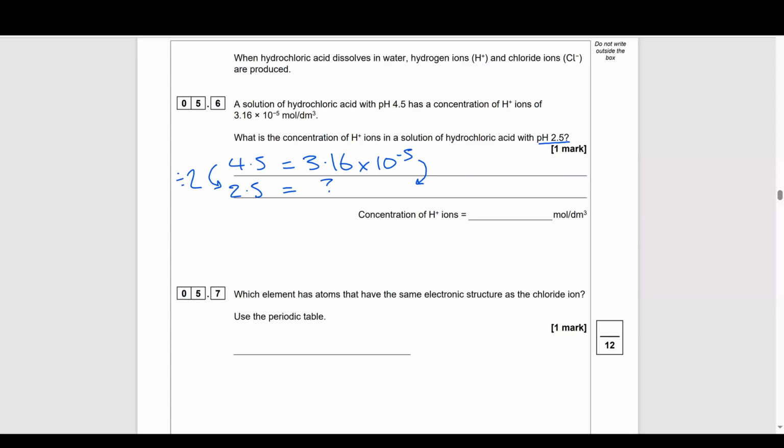And this 2 is useful for us. But it doesn't mean that we can take that same factor and divide this value by 2 because we will not get the right answer. The reason why is because of how pH works. pH works through powers of 10.